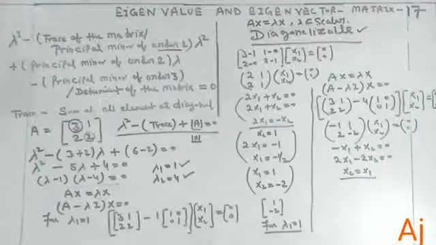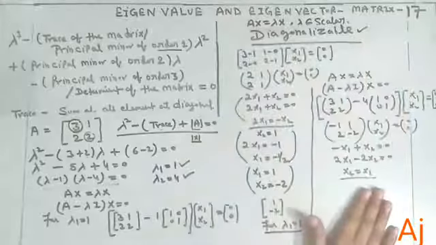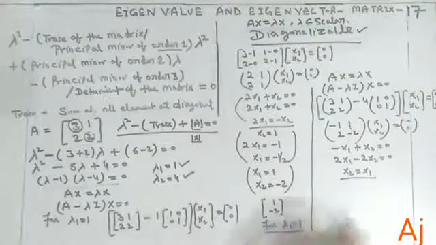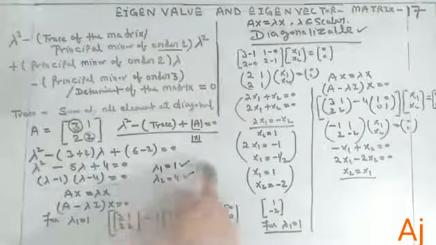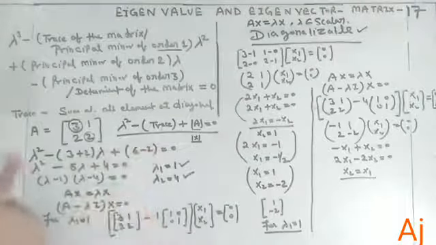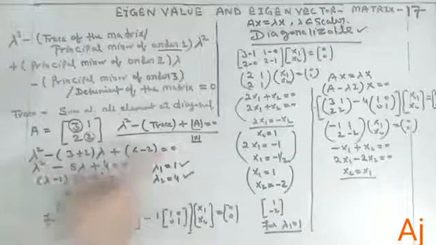So here also it's totally dependent on you. I told you that there may be infinite eigenvectors with respect to lambda, but the eigenvalue is unique. It will be unique, because the solution of any polynomial is unique.